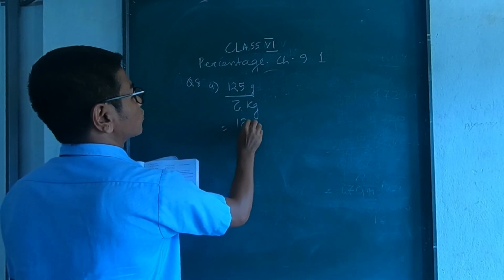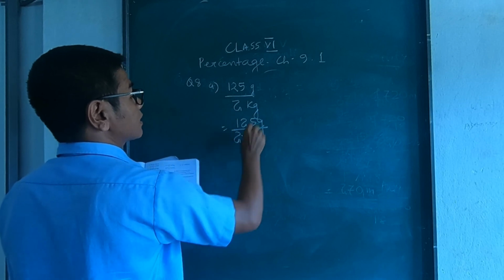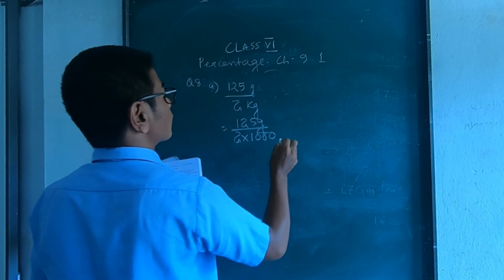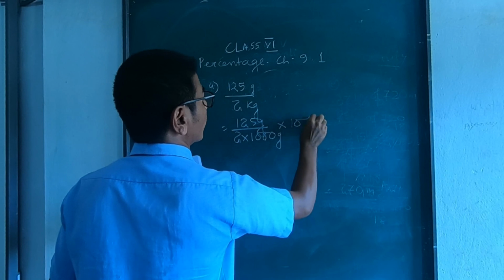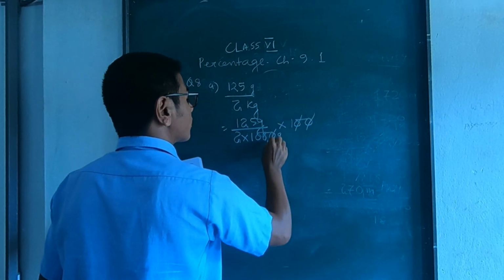So 125 grams, we convert to kg. How many grams make a kg? 1000 grams. Into percentage, so 100. Strike off the zeros.